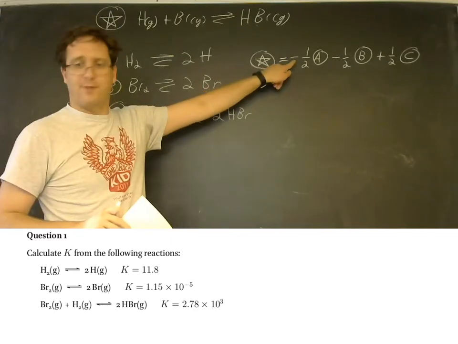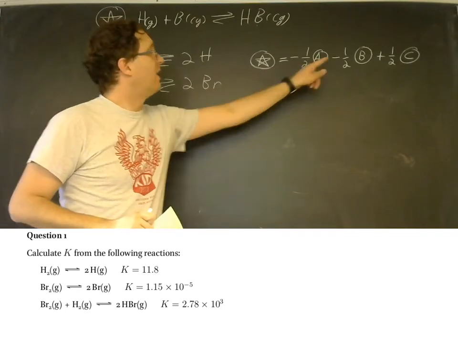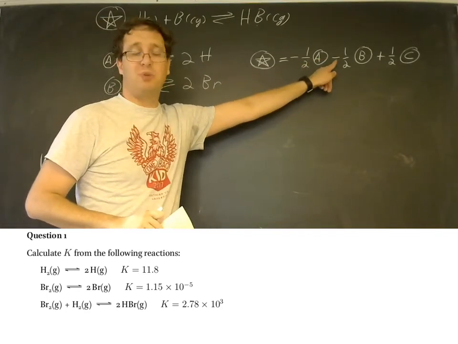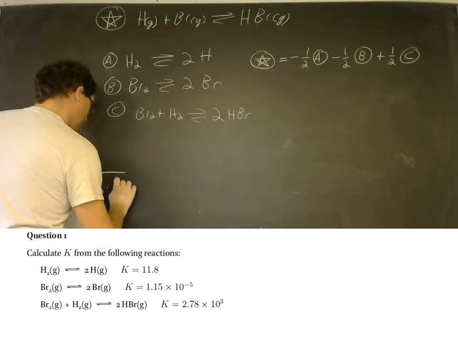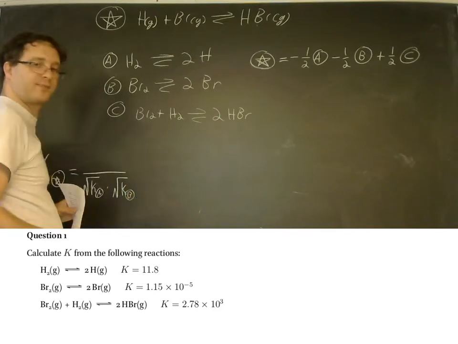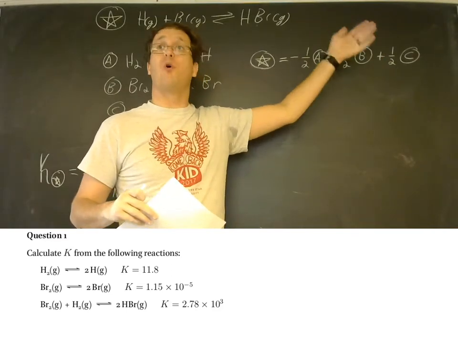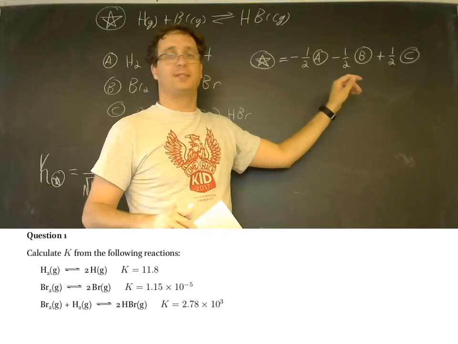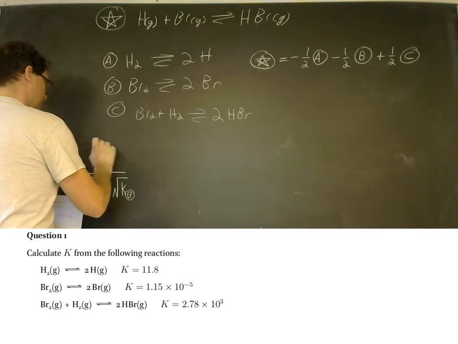We invert it because of the negative, and square root it because of the 1/2. Then we take the inverse of B and square root it as well, times the square root of Kb. And then we're adding C, so we multiply by Kc, but we square root it there. So times the square root of Kc.